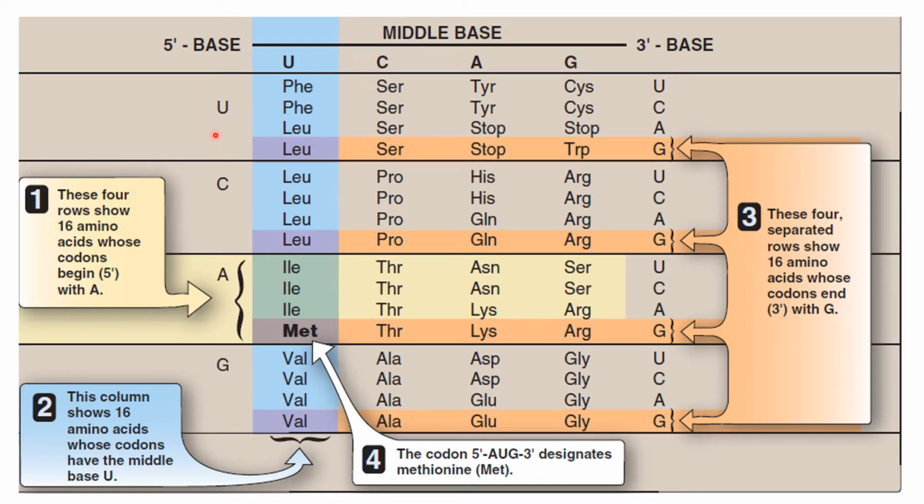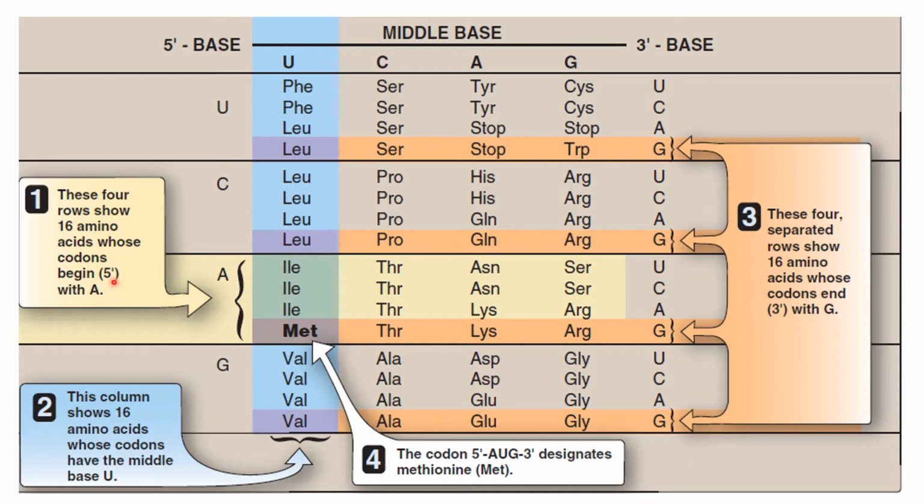Similarly UCU, and similarly UAU, UGU. This one is the middle letter. At the top, these nitrogenous bases form the middle letter, the start or first letter, and the third letter.